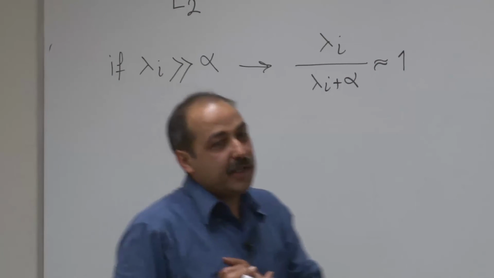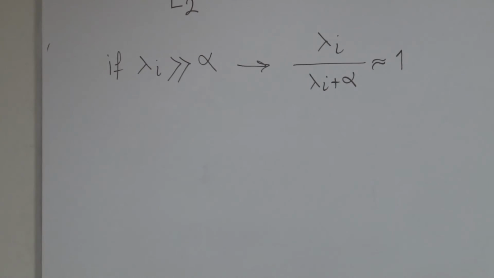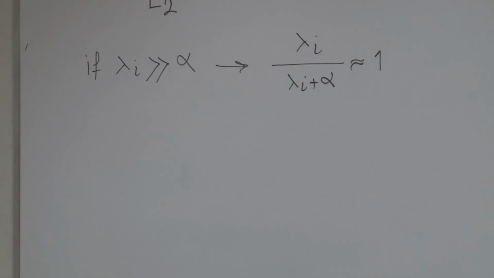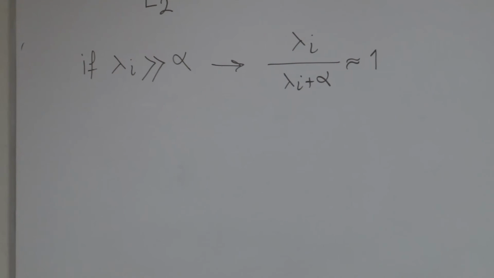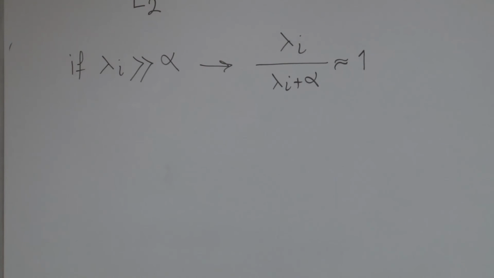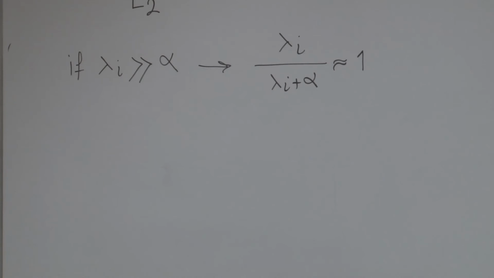So if lambda i is greater than alpha, then in that direction I don't do anything. I rotate my solution in that particular direction where lambda is greater than alpha, this coefficient is going to be 1, so I don't do anything, I just rotate it back by this.